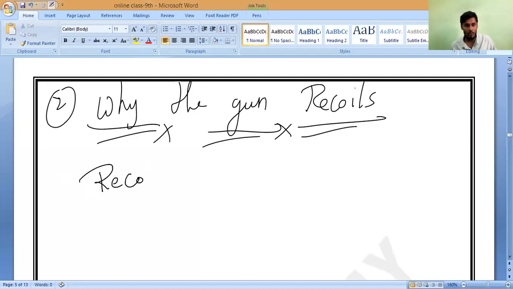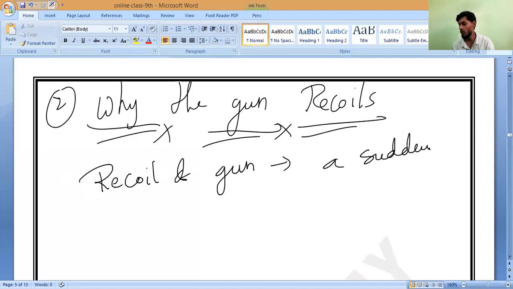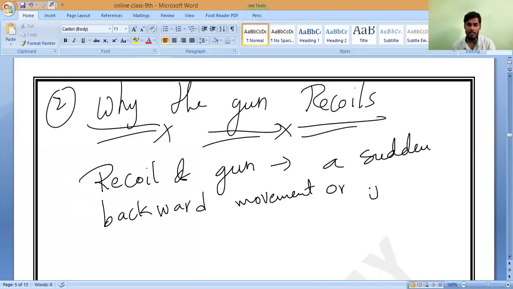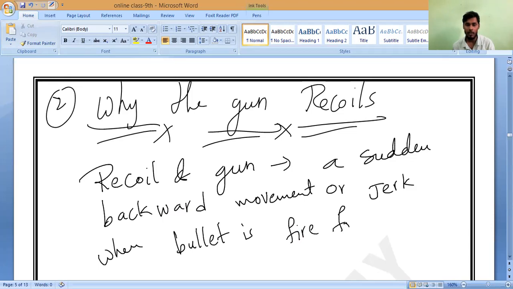Recoil of gun: a sudden backward movement of the gun, or a jerk, like a hit within a fraction of a second, when a bullet is fired from the gun.